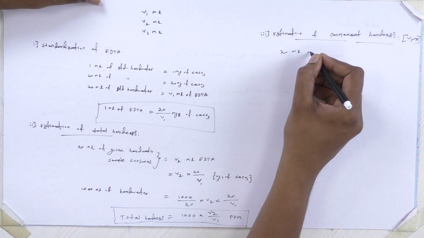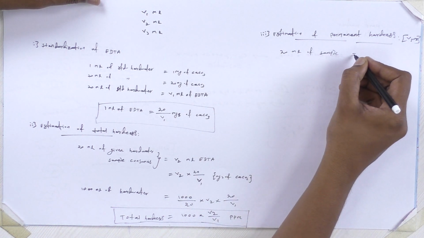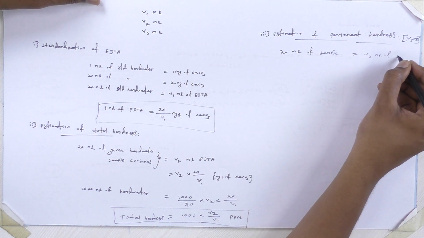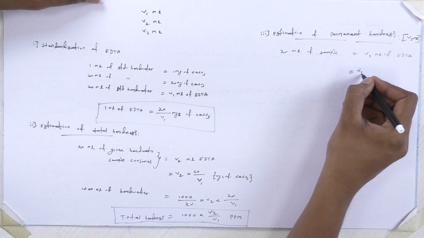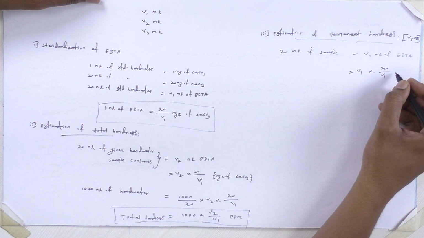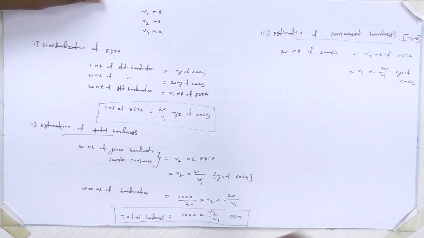20 ml of sample consumes V3 ml of EDTA. So V3 into 20 divided by V1 milligram of calcium carbonate.